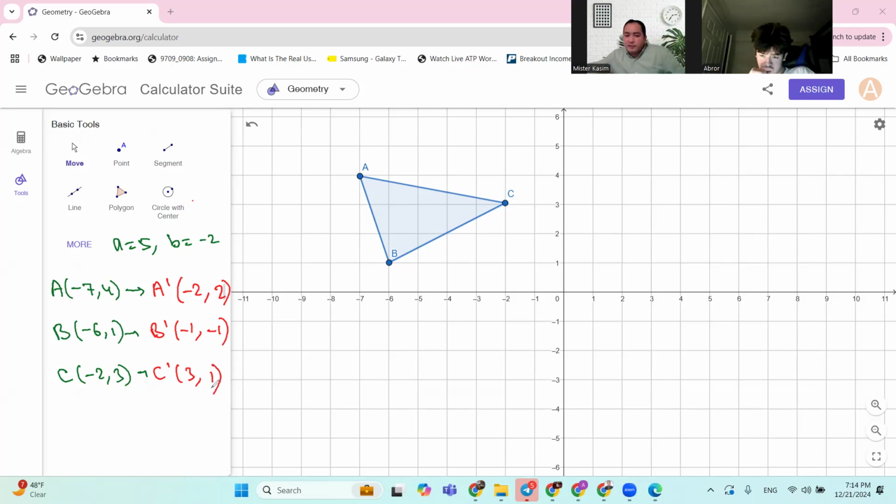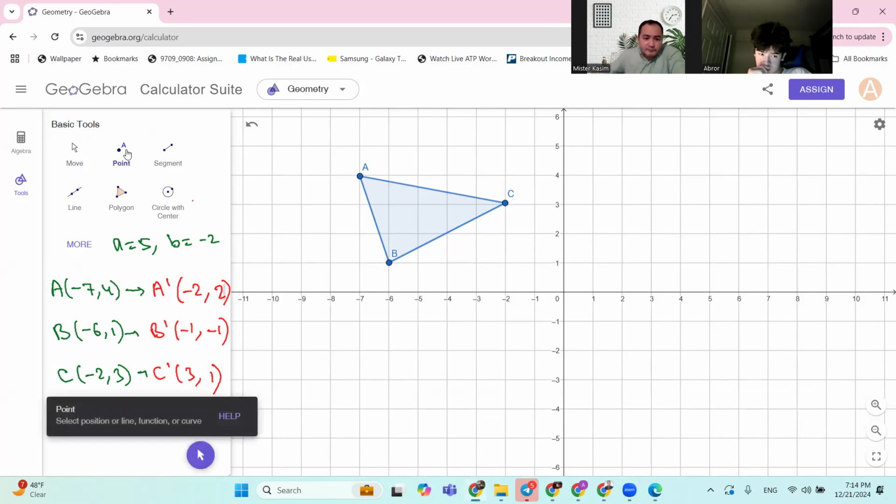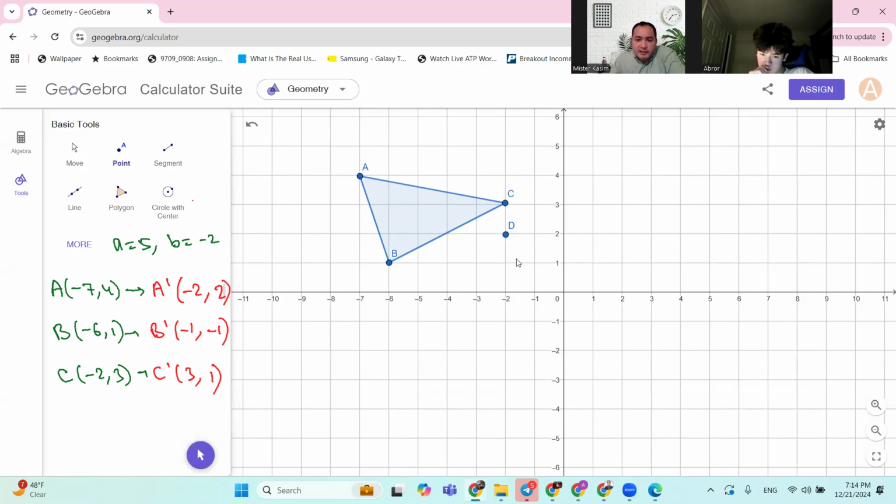Now if you plot these points, I will start again. First, negative 2, 2. Where is negative 2, 2? It is here, so that's point A. Negative 1, 1, and negative 1, negative 1 is here.